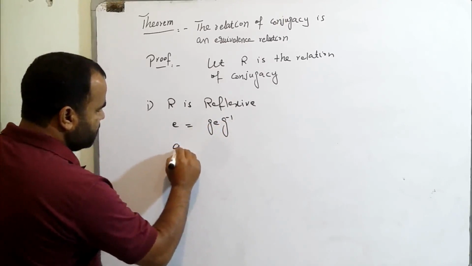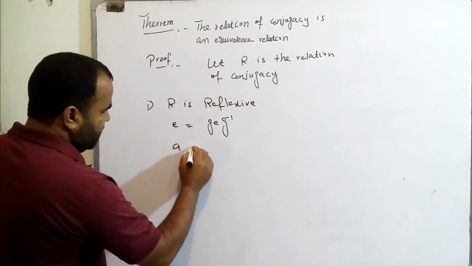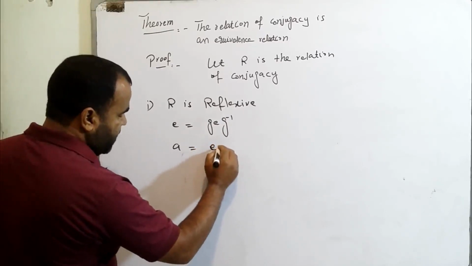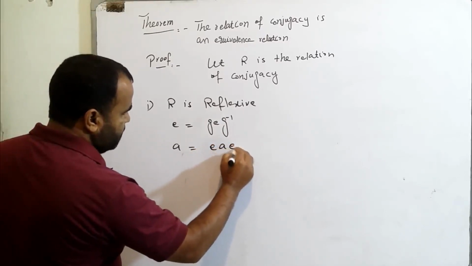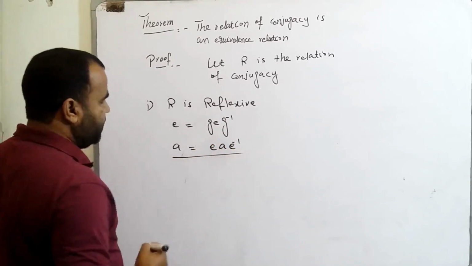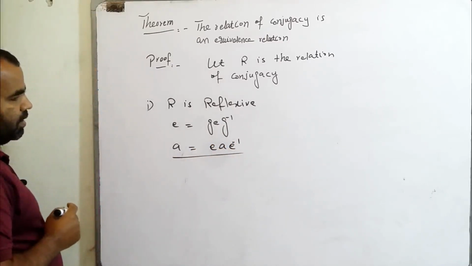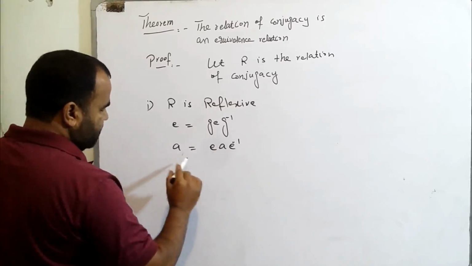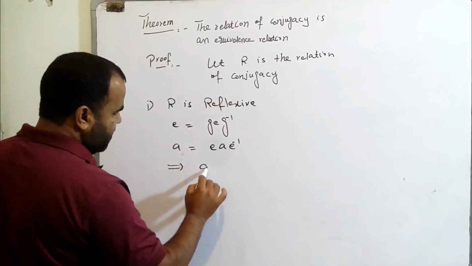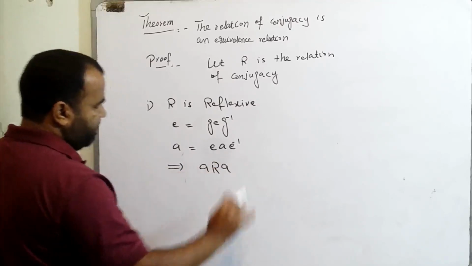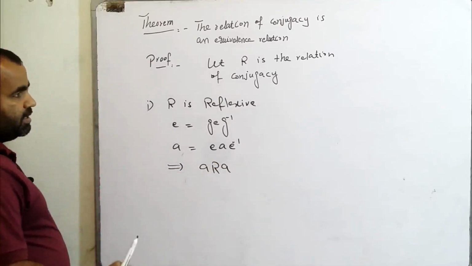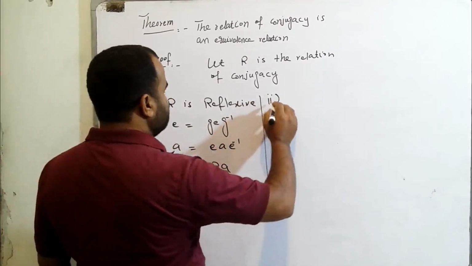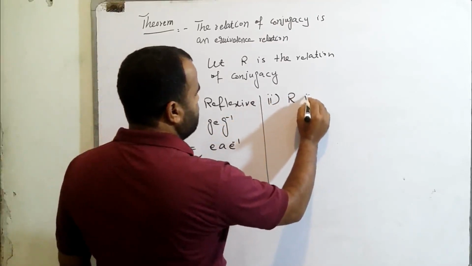Also we can write a = e a e^{-1}. This implies that a is related with a.